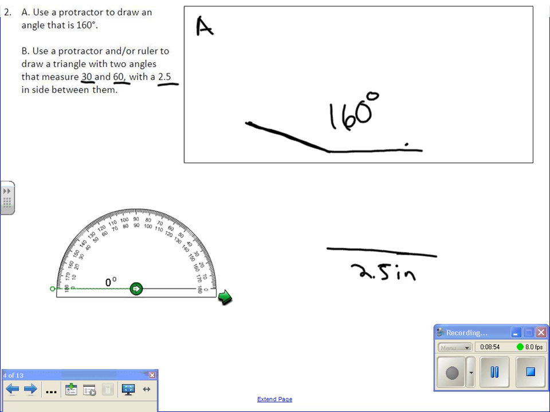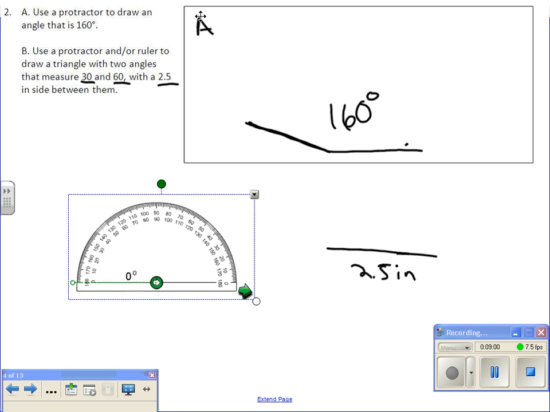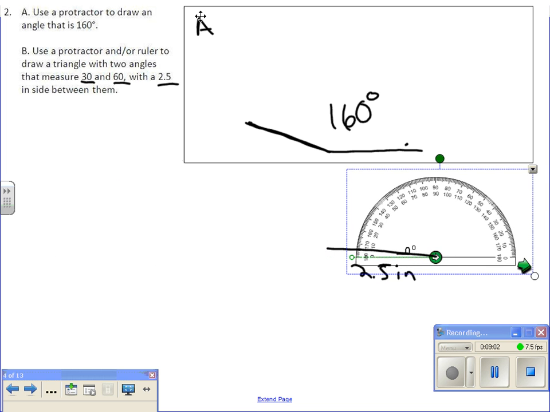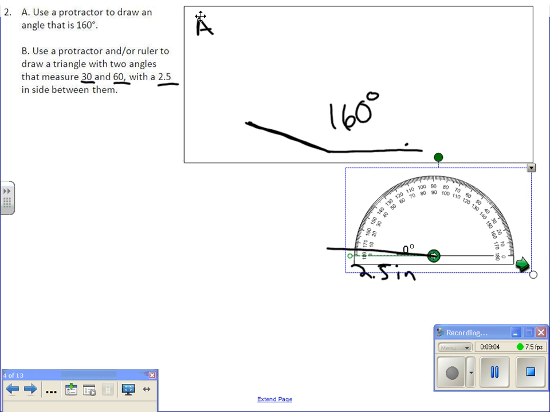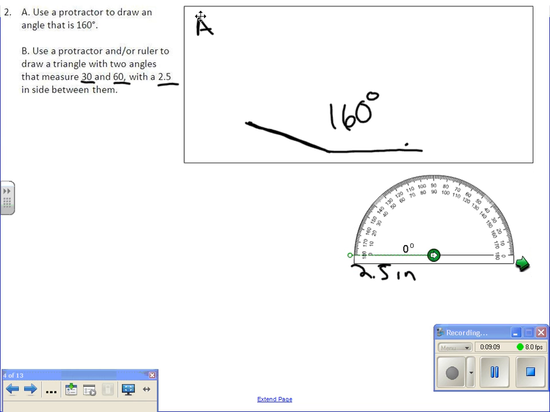Now first I'm going to measure my 30 degree angle, right? We're going to start from one end of the line for that 30 degree angle. So I'm going to start over here. Oops, not the straightest line, but let's make sure we get that taken care of. So there you go, more straight. I'm measuring from this end, and I'm going to measure that way.